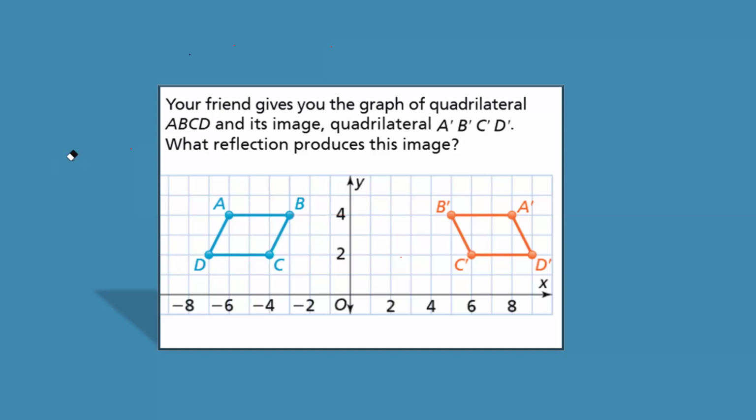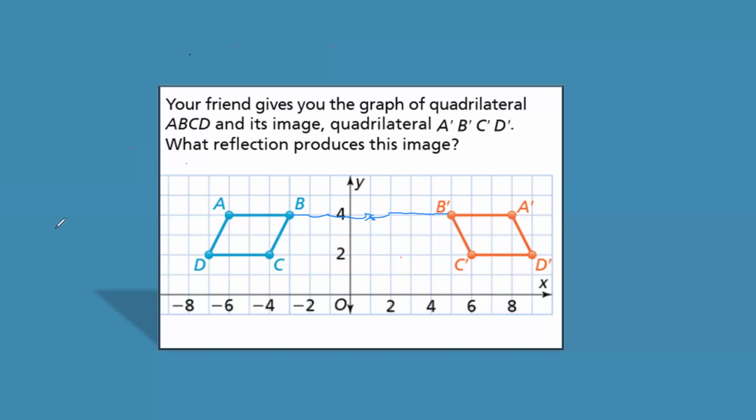Across what, girls? How do I know? I told you a very easy way to know where the line of reflection is. I will start from B, one step, and from B prime, one step. Then second step, third step, fourth step, and here fourth step.